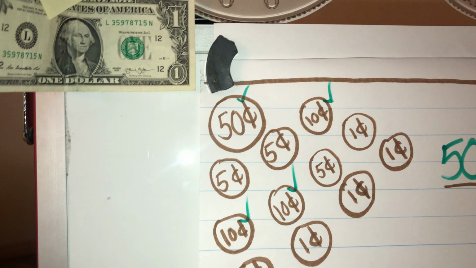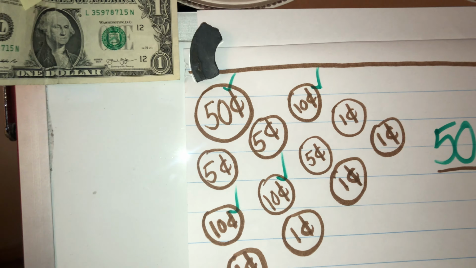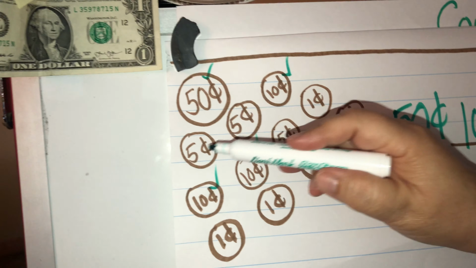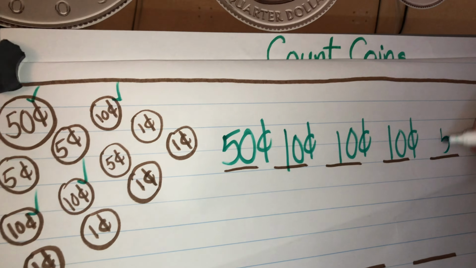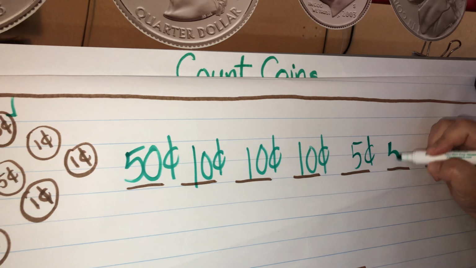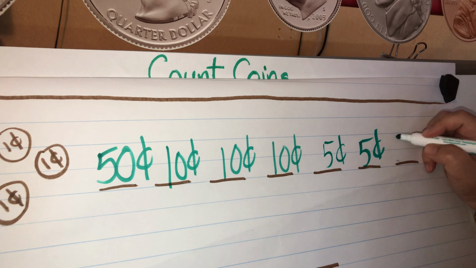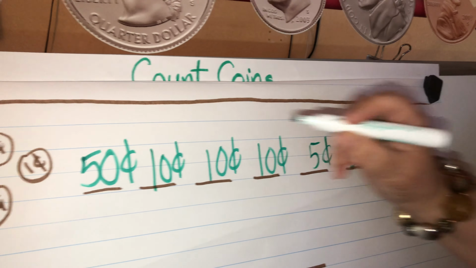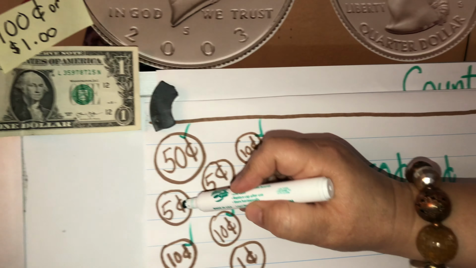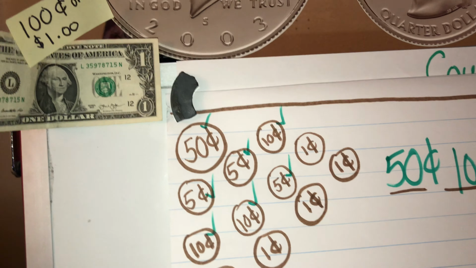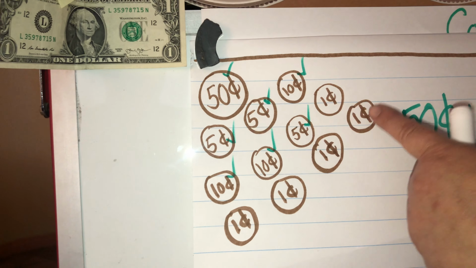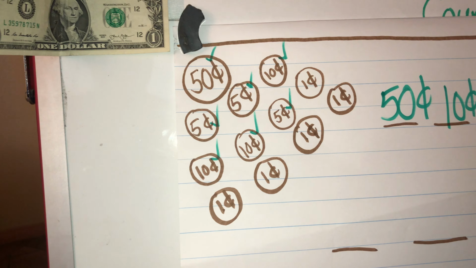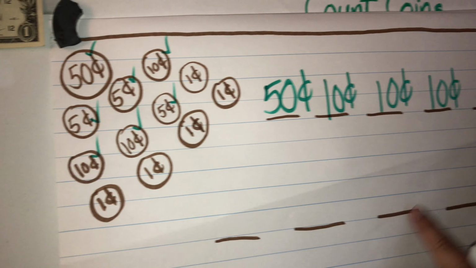And now I see that I have nickels. So I have 1, 2, 3 nickels. So that is what I will write next on my lines. And finally, I have pennies. So I have 1, 2, 3, 4, 5 pennies, and I have 1, 2, 3, 4, 5 lines.